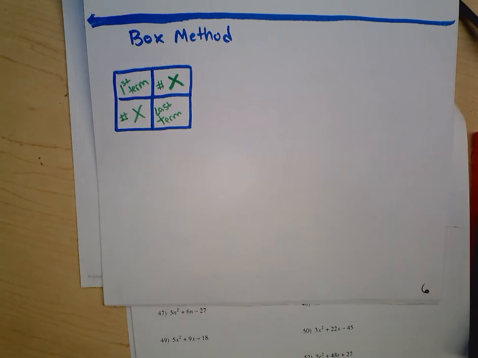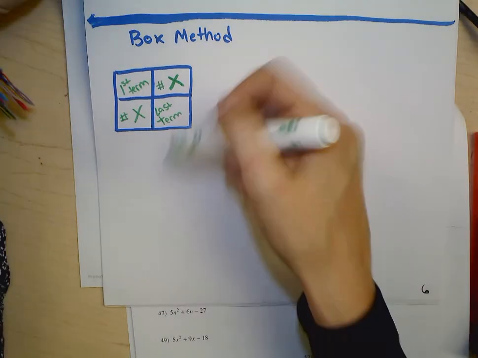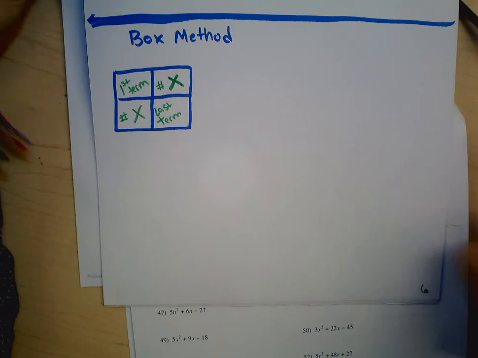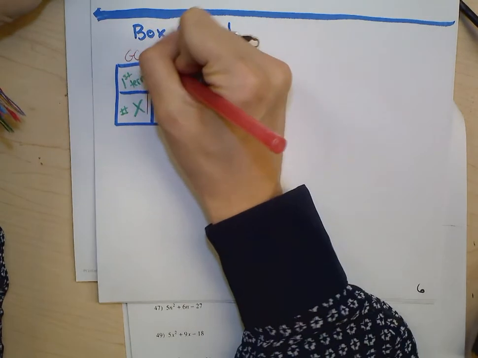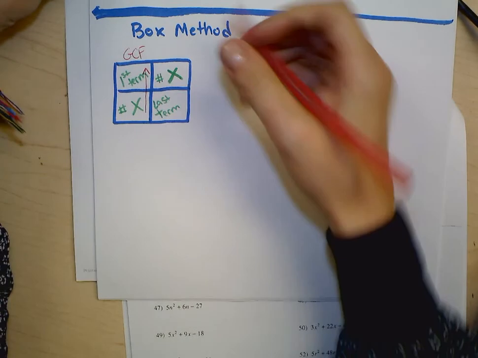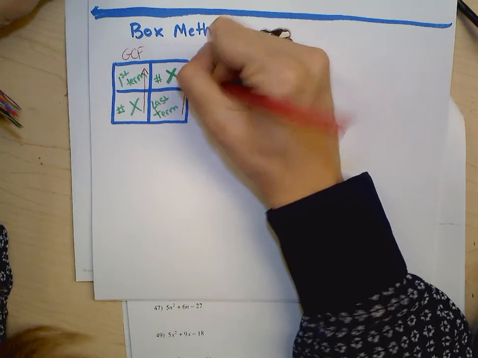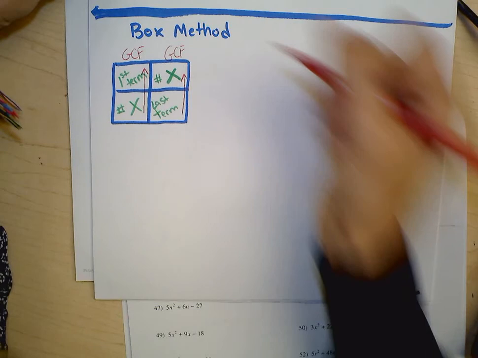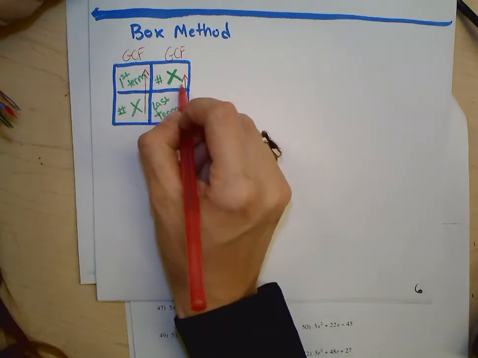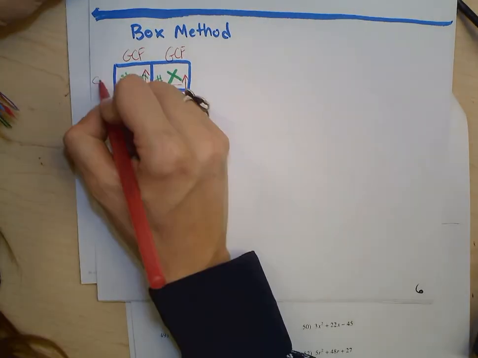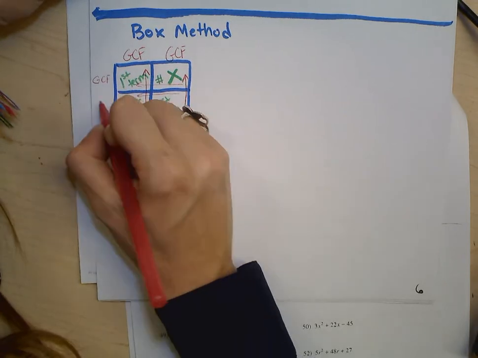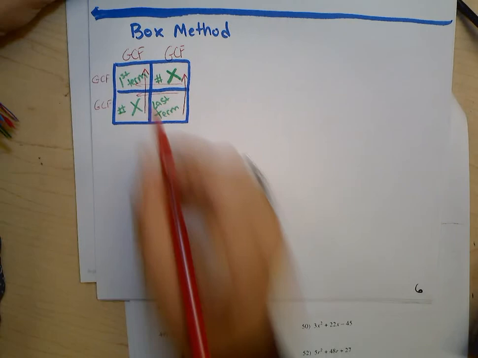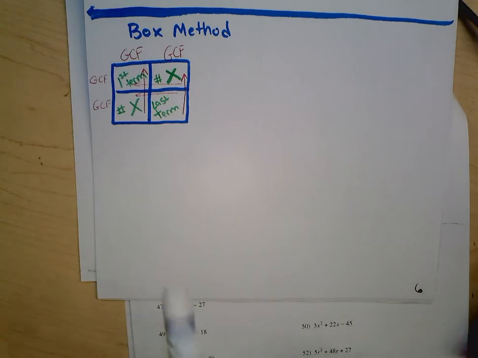Okay, so what we do is we take the greatest common factor of this column, and then the greatest common factor of this column, and then the greatest common factor of this row, and then the greatest common factor of this row.